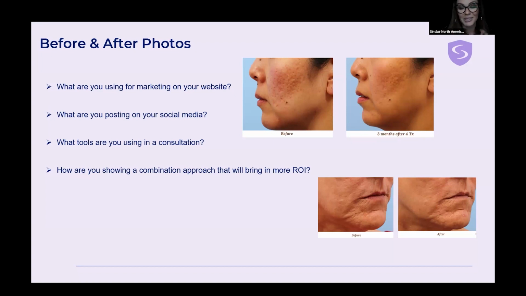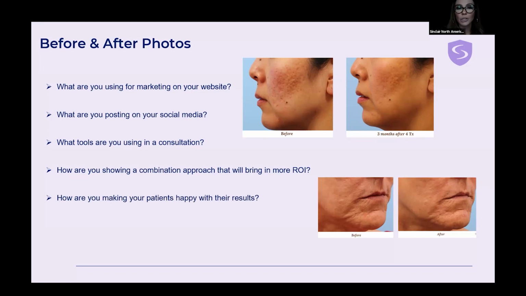Well, sometimes it kind of looks like it, but it really clicks and it makes sense to that patient. This is why I'm paying the extra couple thousand dollars to do this combination, because these are the results that I'm going to expect because of these other 10 people that the practice is showing me. And therefore, the value for you is just more ROI coming in. And that patient's going to be really happy even after their first treatment.